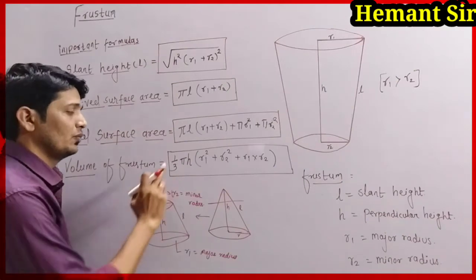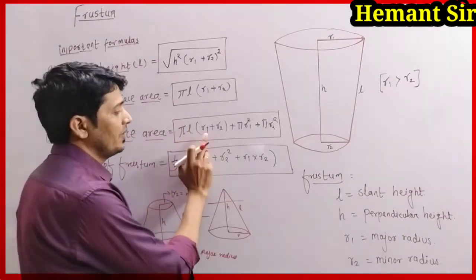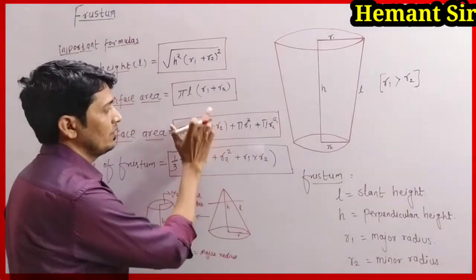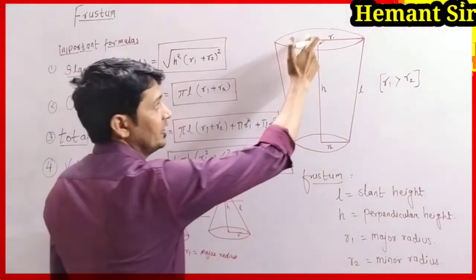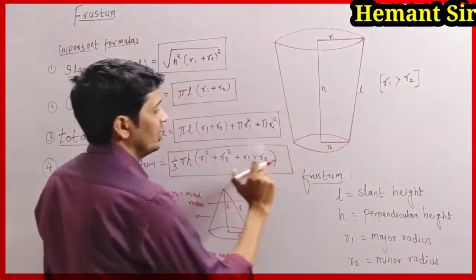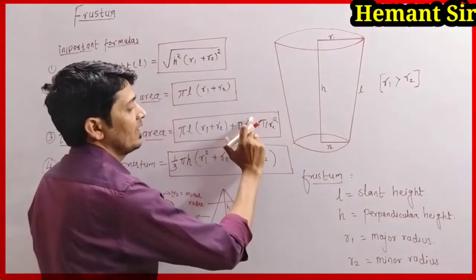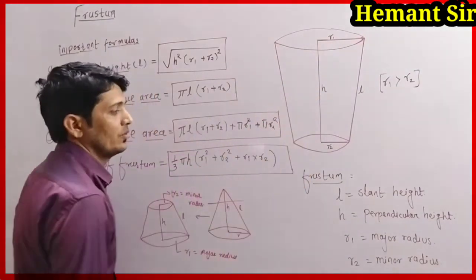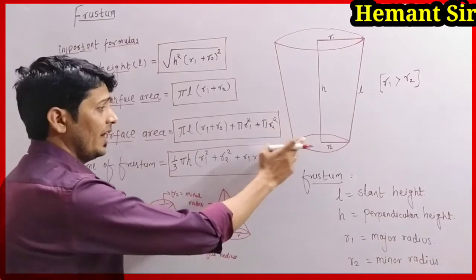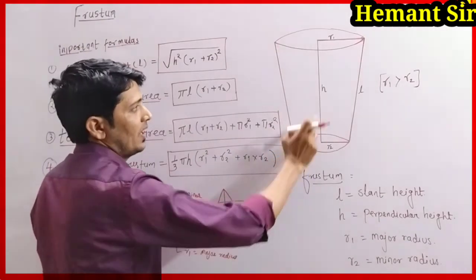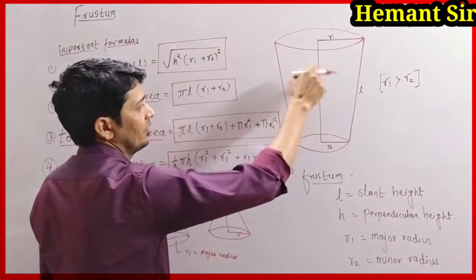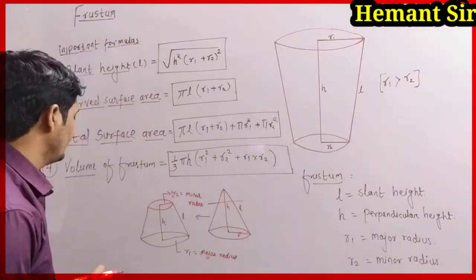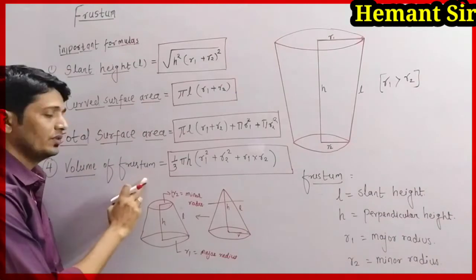The total surface area formula is pi L in brackets R1 plus R2, which is the curved surface area, plus we have these two circular parts, pi r1 square plus pi r2 square. When we add the area of these circular parts and the curved surface area, we get the total surface area.